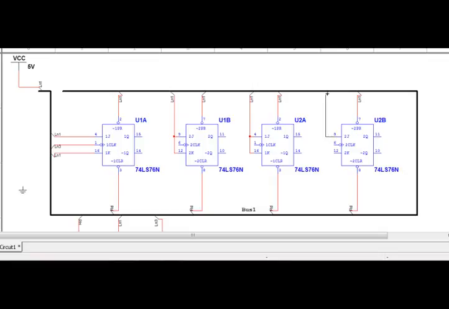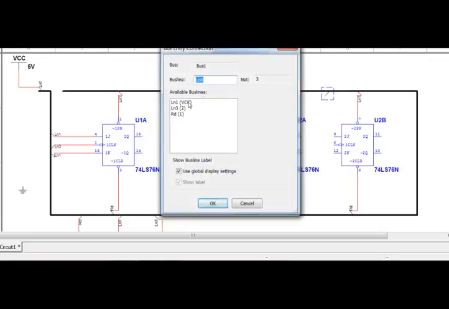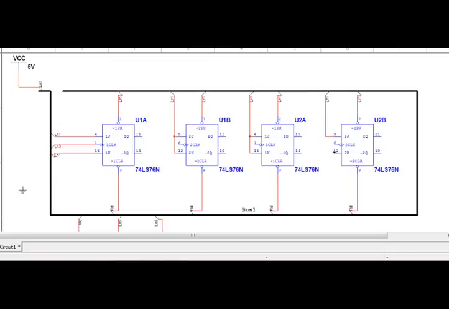And, okay, that looks good. And then all we have to do is hook the Q's up. All right, so Q to there, Q to there, Q to there.